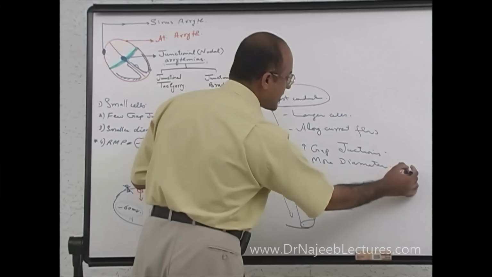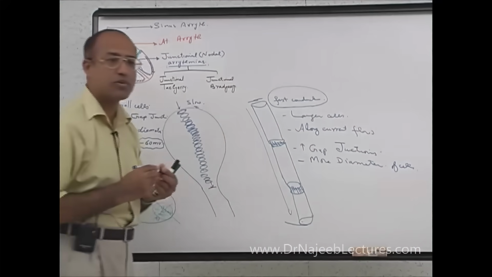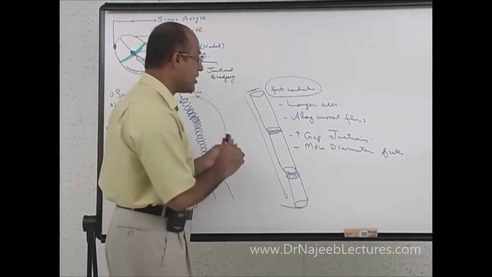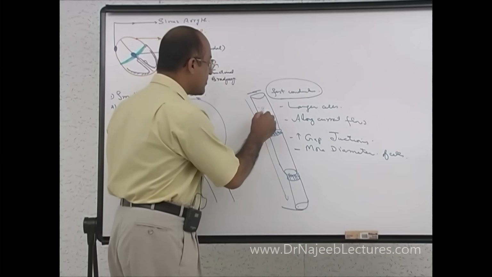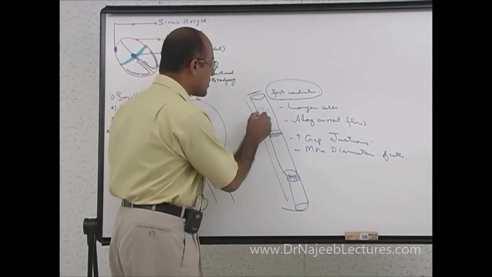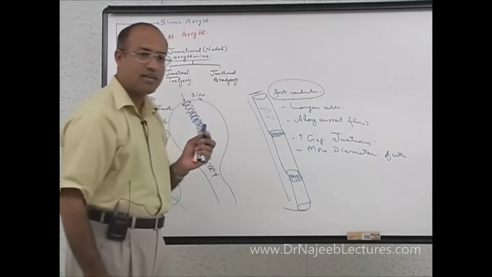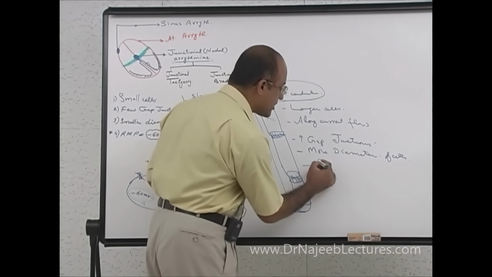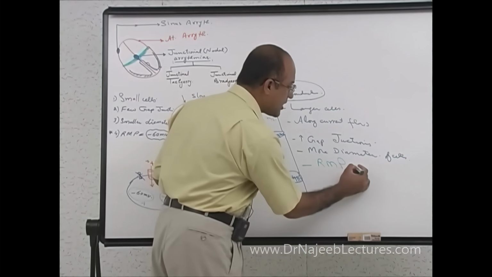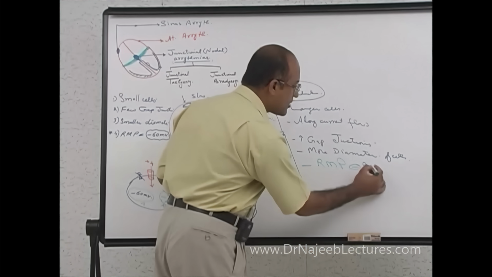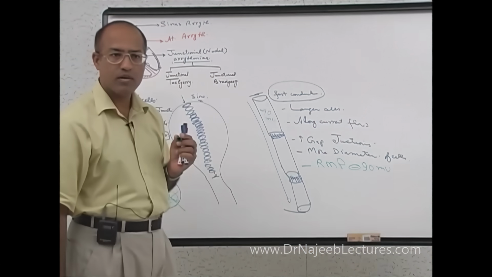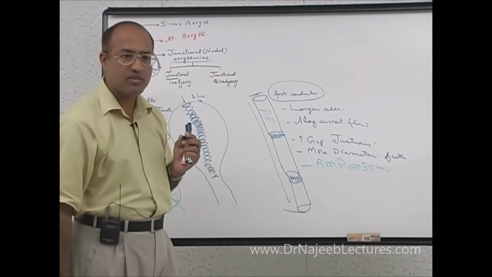And now one of the most important reasons I'm putting is that these cells have a resting membrane potential of minus 90 millivolt. This factor also makes it a fast conductor. Why is it so? It's very easy to understand.